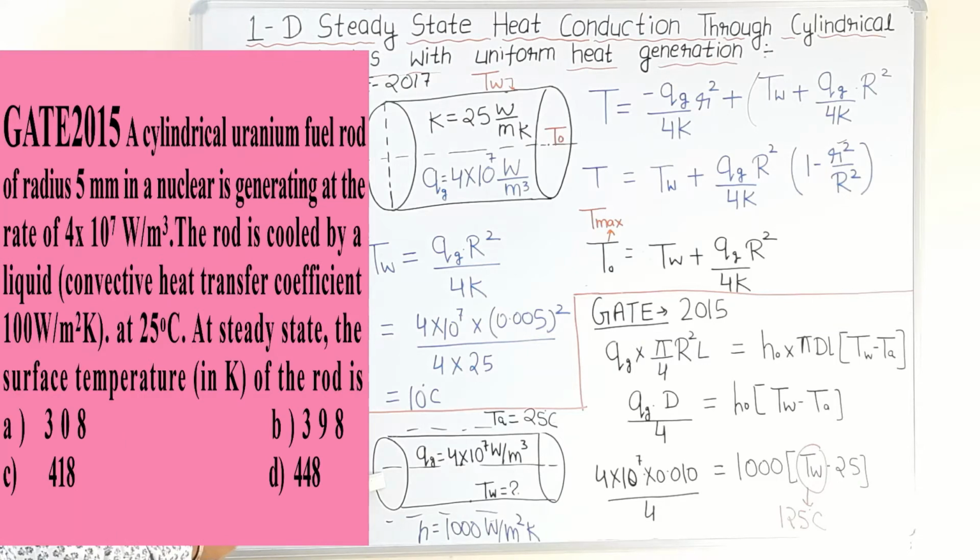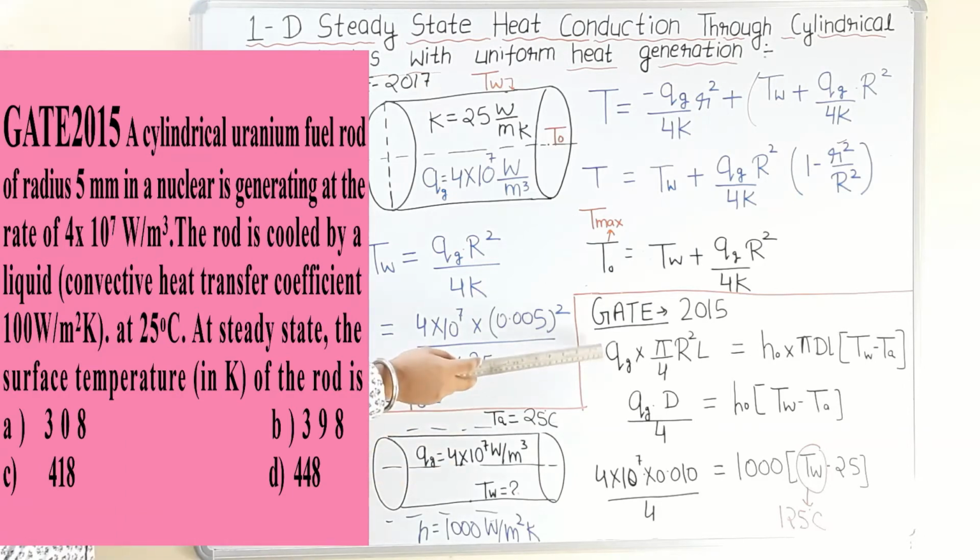Whatever heat is generated in this whole volume of the nuclear rod will be convected to the atmosphere to maintain the steady state. If any part of this heat is trapped in the nuclear rod, then the temperature of the rod will increase with time, so we cannot maintain the steady state.